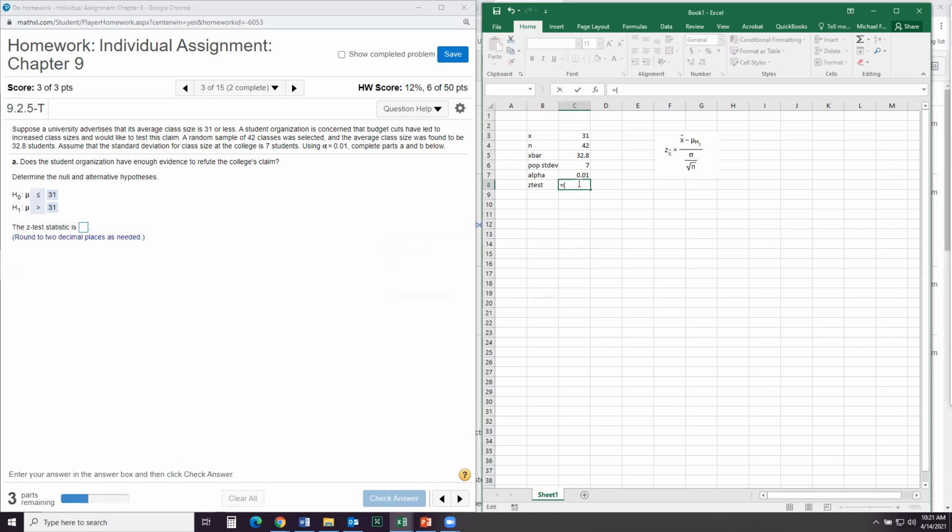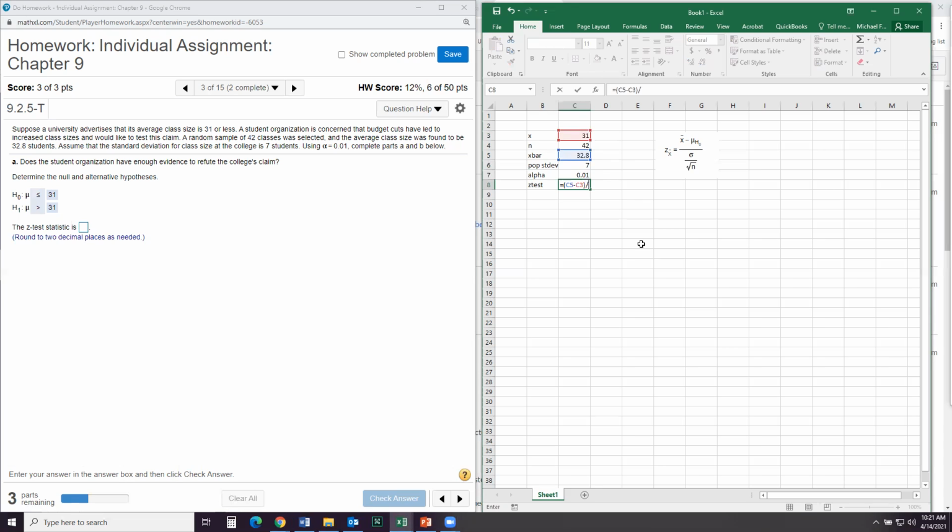The numerator of this equation is X bar, our sample mean, minus what I call X. They're calling it the assumed number, which is probably a better term. It's the population mean of the null hypothesis. So it's the sample mean minus the test figure, which was 31 or less.